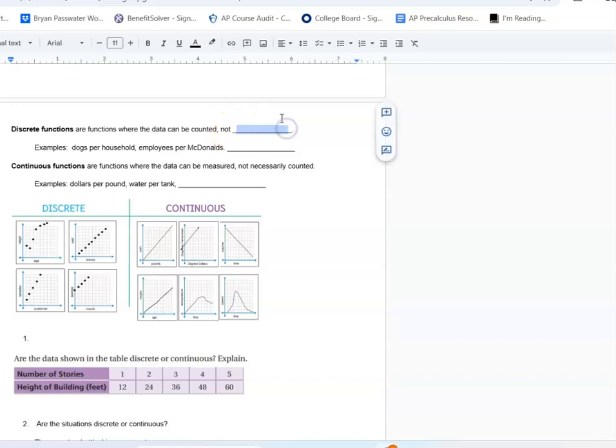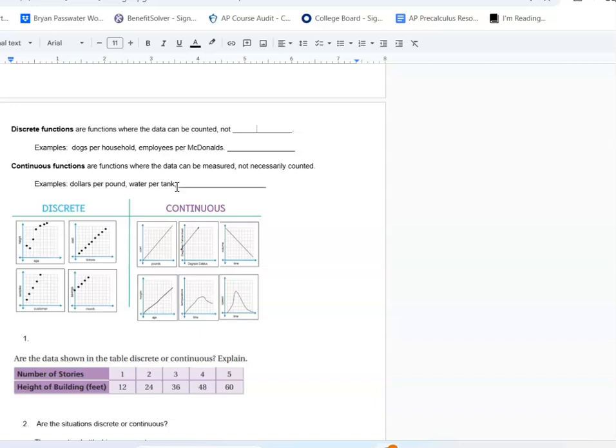Examples are dogs, employees, people, really anything you can't cut up into fractions and decimals. You can't cut a dog up to make a quarter of a dog. It's really just counting things.